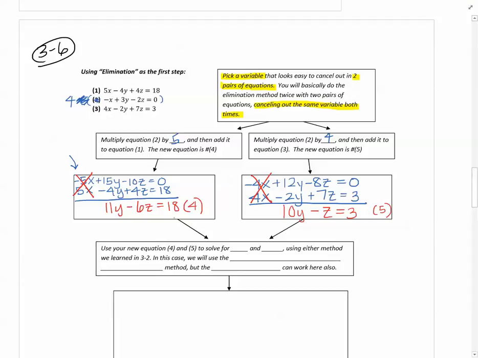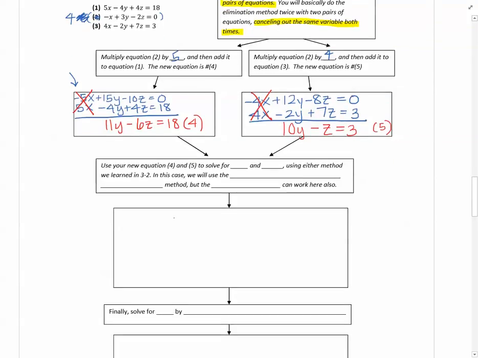Now that I have equation 4 and equation 5, I'm going to use my new equations 4 and 5 to solve for, in this case I have y's and z's, so I'm going to solve for y and z using either method that we learned in 3.2. In this case, I'm going to use the elimination method because that's just my preferred method.